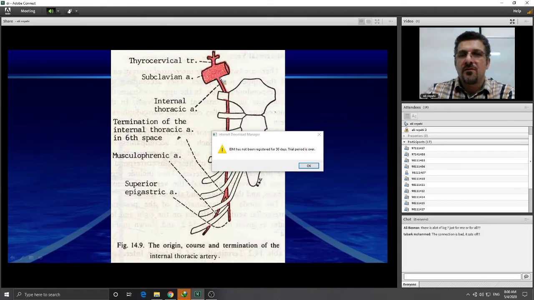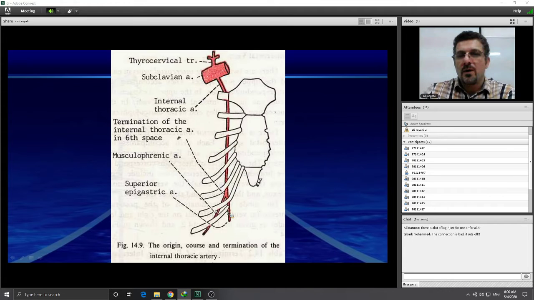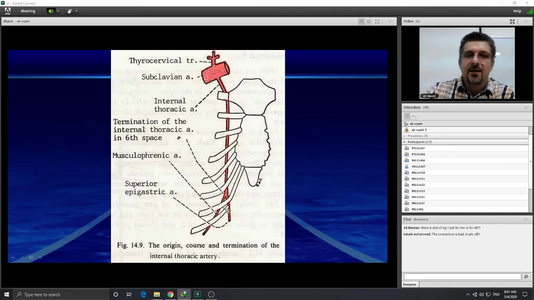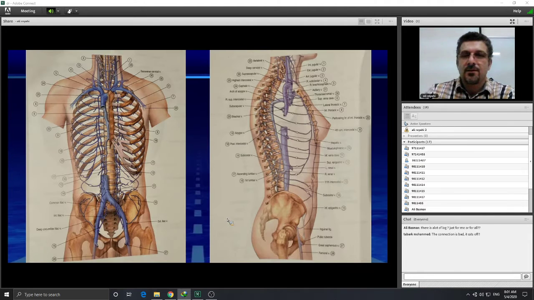It goes vertically downward, and at the level of the sixth intercostal space it divides into the musculophrenic lateral branch and the superior epigastric artery medial branch, as I told you.